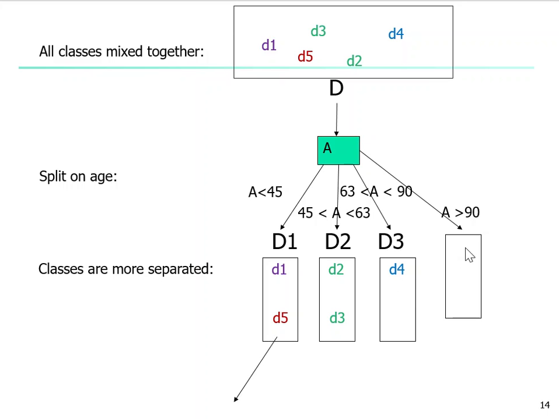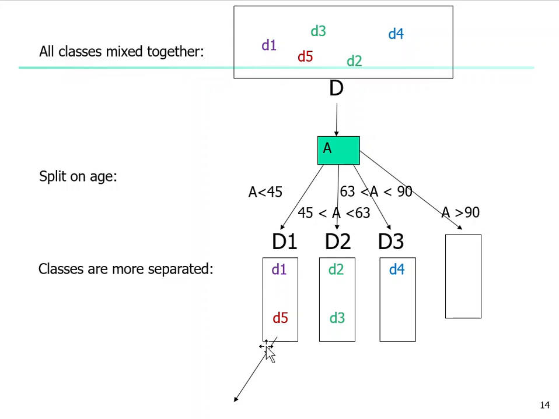And we have a situation where age greater than 90 does not have any observation landing here. In this case, we don't know which label to apply, so we're going to use the most frequent label of its parent. This often is just a convenient solution. It probably doesn't really result in errors, but that's the default action that we could take.